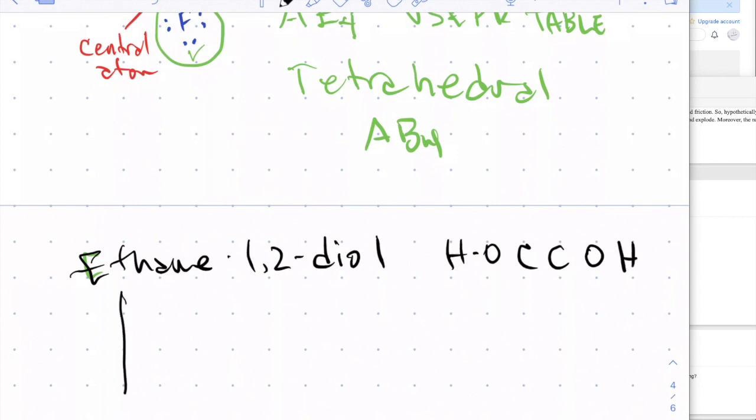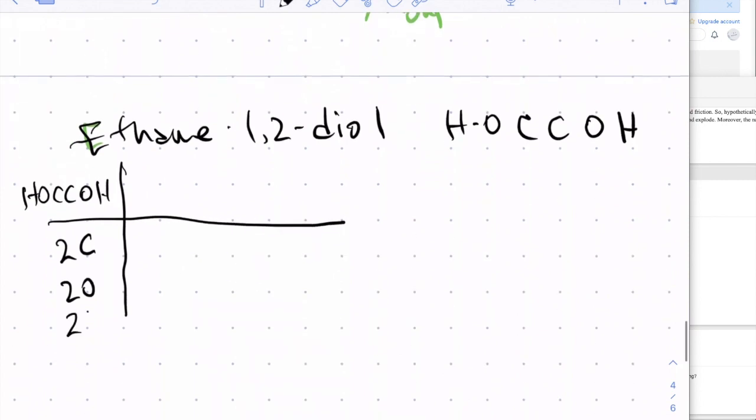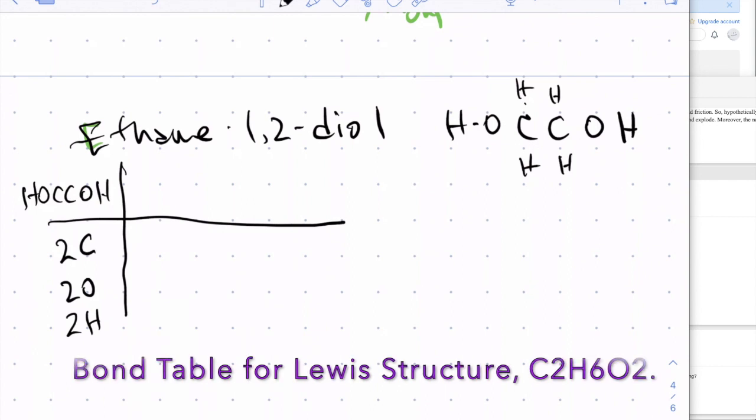So let's create our bond table again. HOCCOH. So we have 2 carbons, 2 oxygens, and 2 hydrogens. Actually, we don't have 2 hydrogens. We have a hydrogen here, and a hydrogen here, a hydrogen here, and a hydrogen here. So we have a total of 6 hydrogens. So let me correct that.